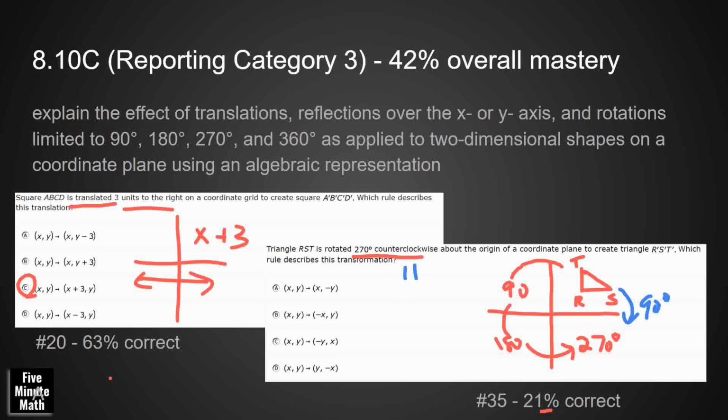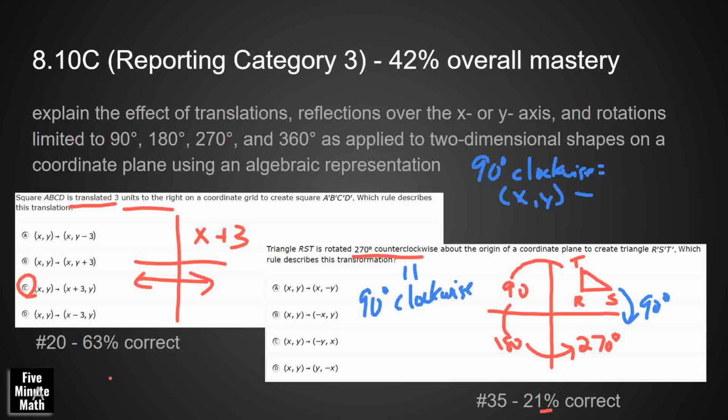So I'm going to put an equal sign, 90 degrees clockwise, because whenever we are rotating, we have 3 different rotations we need to remember, okay? So if we are doing a 90 degree clockwise, which is the one that we did, what we're going to do is take our XY.